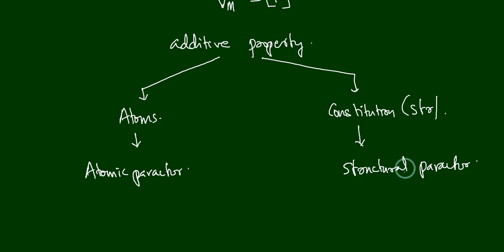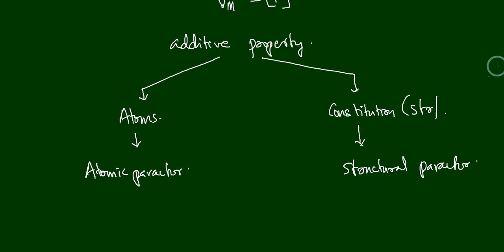Okay, so structural parachor and atomic parachor are there. Atomic parachor means the contribution of the various atoms towards the total parachor of the liquid, and the contribution of the various structural features towards the total parachor of the liquid is called structural parachor.